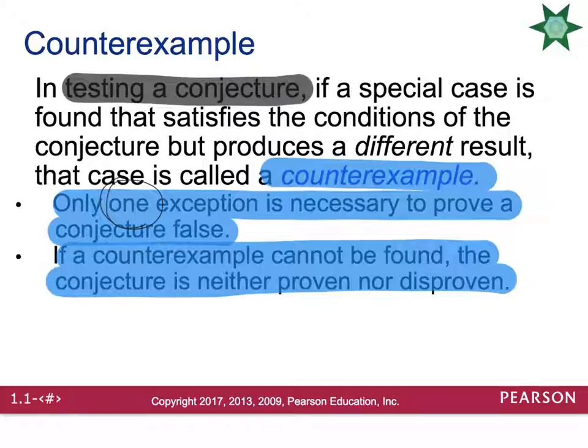So if we haven't found a counterexample, we assume it's true, but we haven't proven it yet, okay? We have not proven that all DNA is unique. We have not proven that all fingerprints are unique. But we haven't disproven them because we haven't found a counterexample yet. So we use that as a way to determine someone's identity.